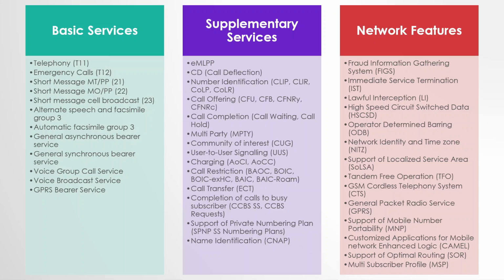This feature allows the network operator to provide the subscribers with the operator specific services even when roaming outside the home network. Support of optimal routing, a network feature which enables the calls directed to a mobile subscriber to be routed directly to the mobile subscriber's actual location, bypassing unnecessary home network call legs.